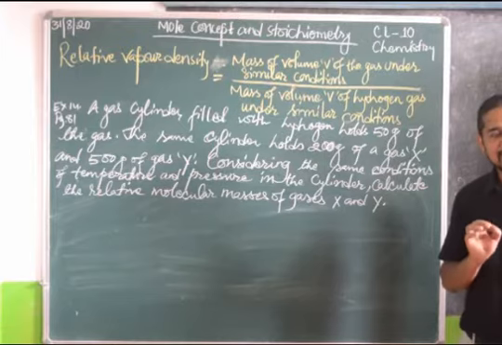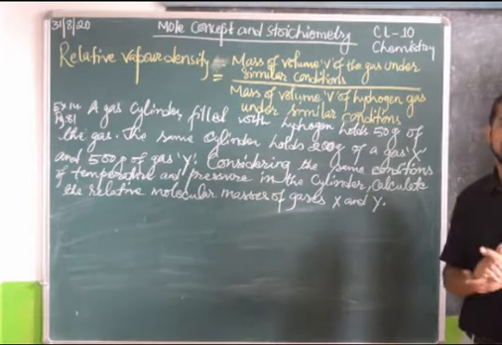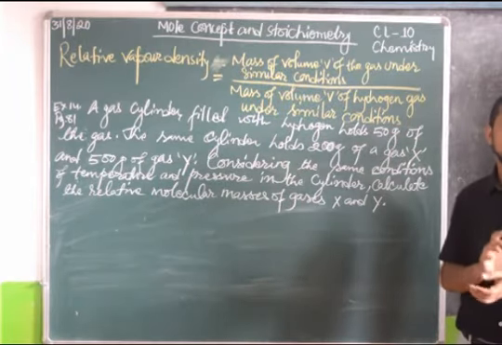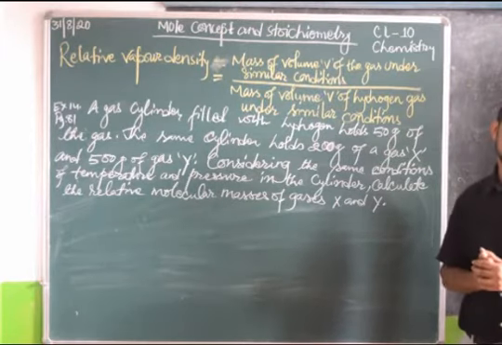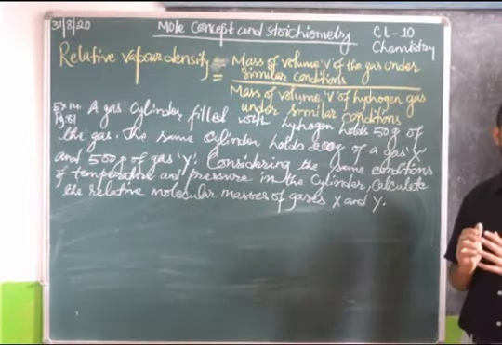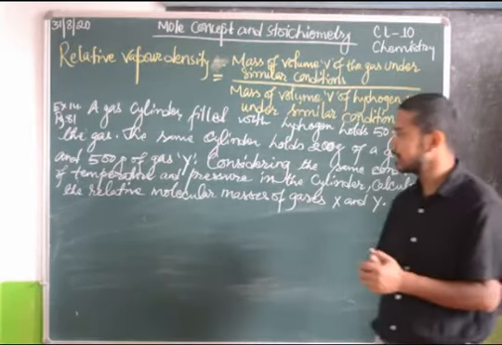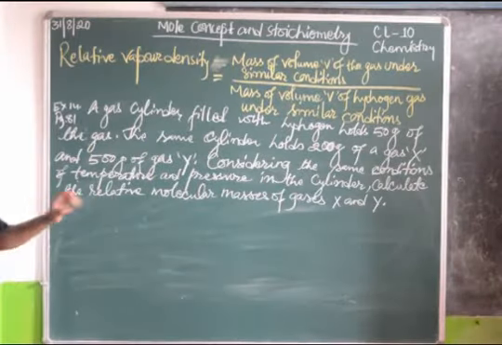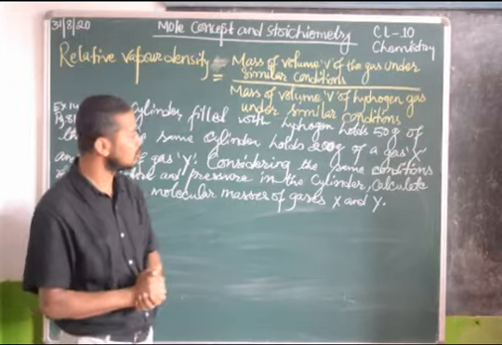That means cylinder is same. Capacity of the cylinder is same. See, conditions are also same. But then also different type of gases will have different masses. Okay. So we have to find here the relative molecular masses of gases X and Y. Now, how can we do?